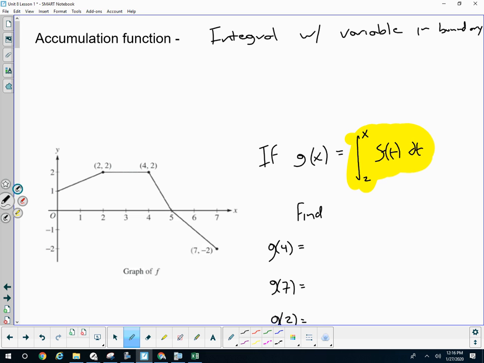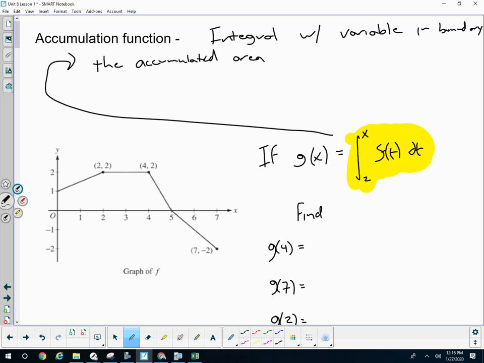Now, this is read the accumulated area from 2 to x under F. Notice variables are not the same. This is important. The variables can't agree.